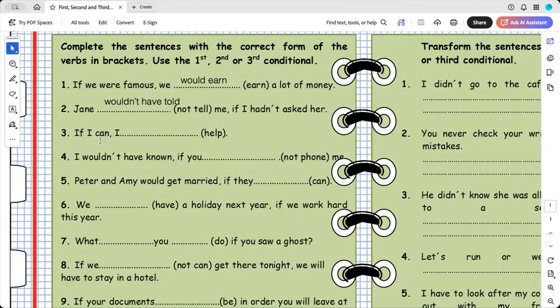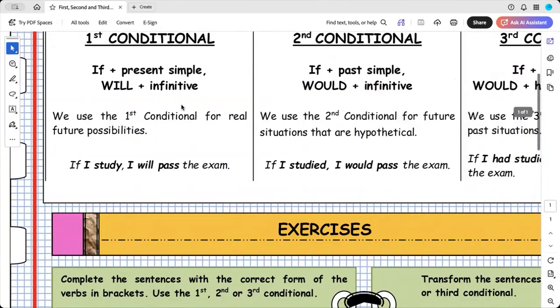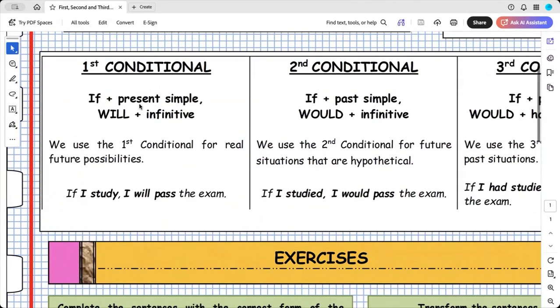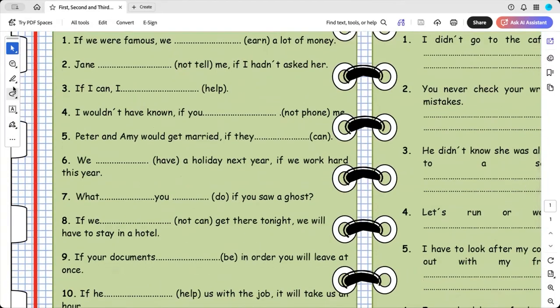Number 3: if I can, what conditional is that? Can you think? If I can. Now, let's have a look. This one here, isn't it? If I can, I will help.